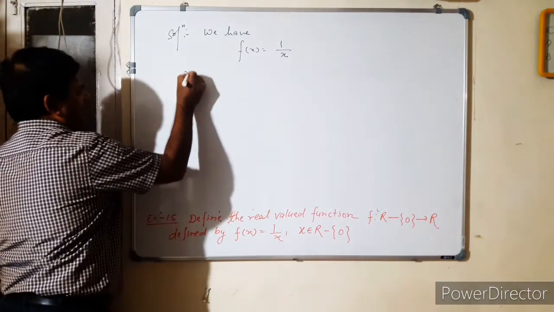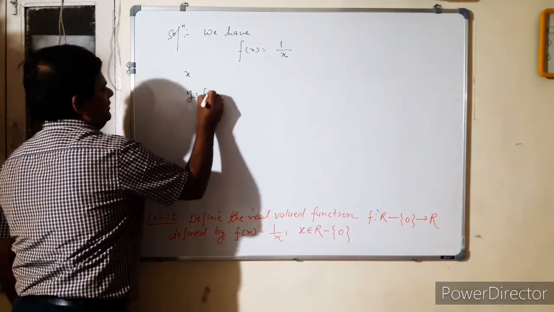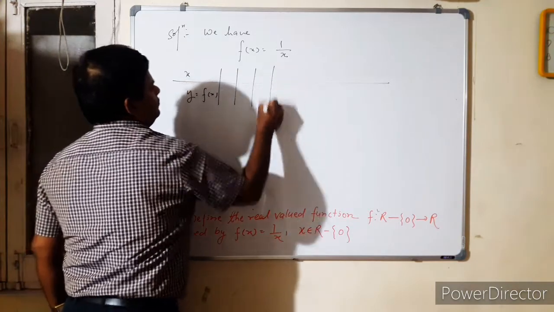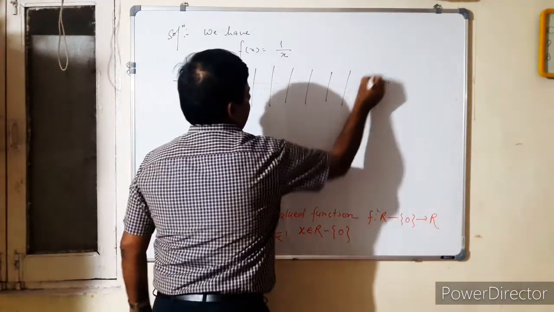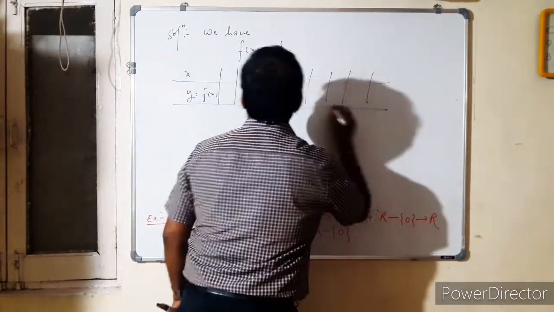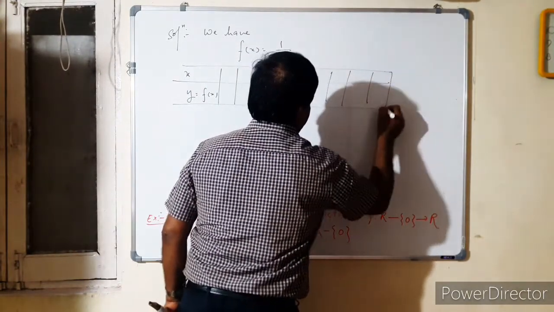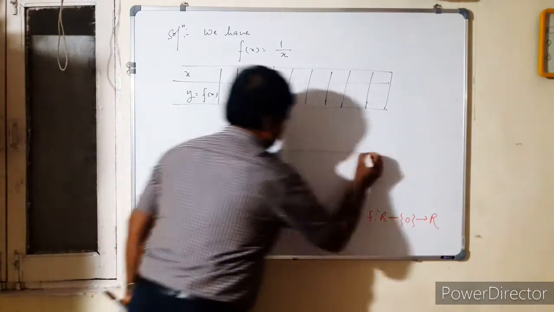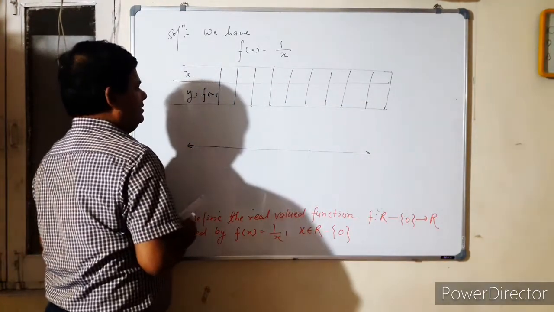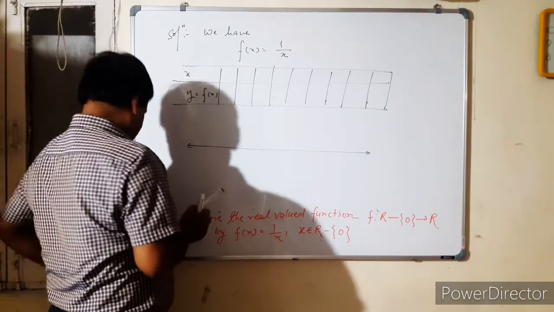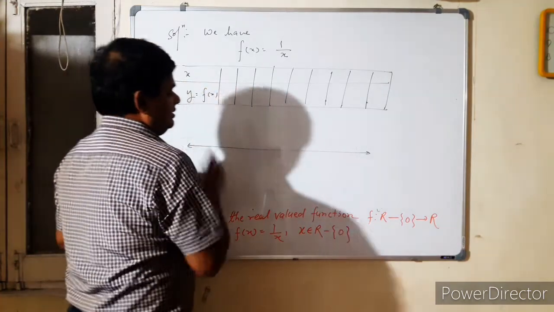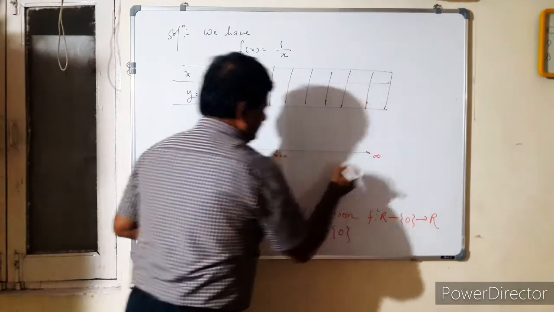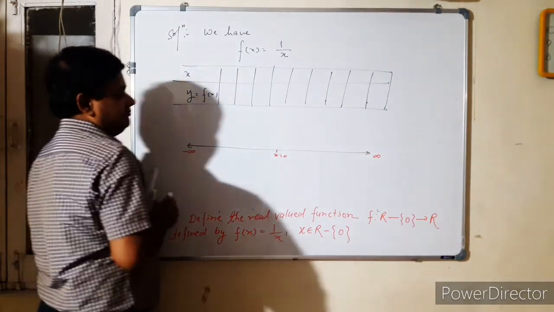So see here, x and here y means f(x). See here, x equal to 0: this side is infinity and this left side is minus infinity.